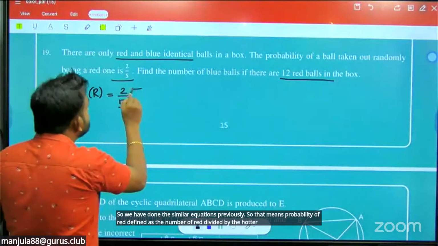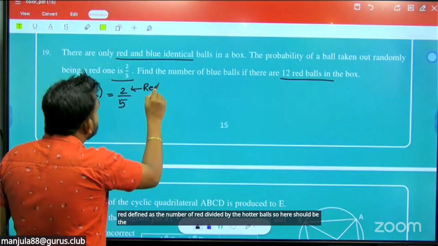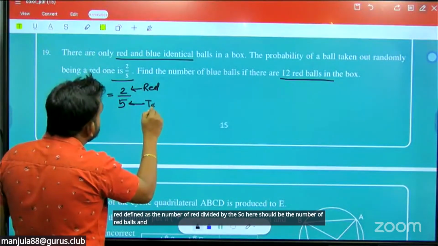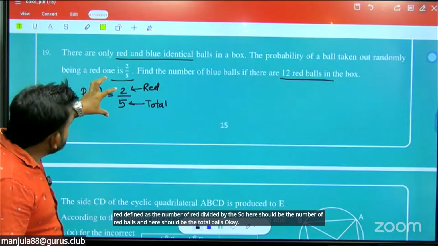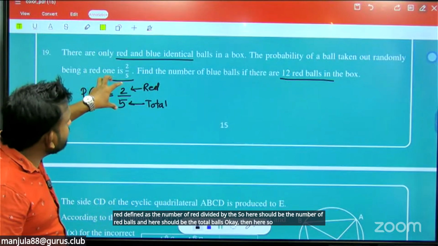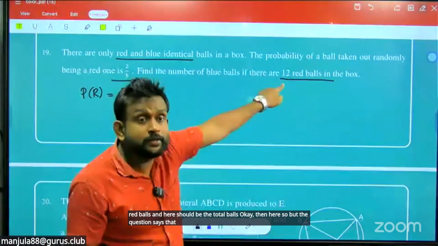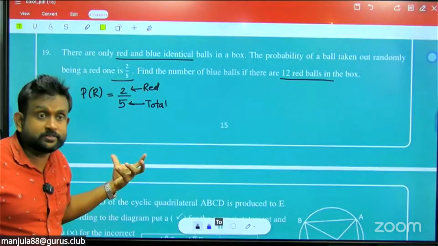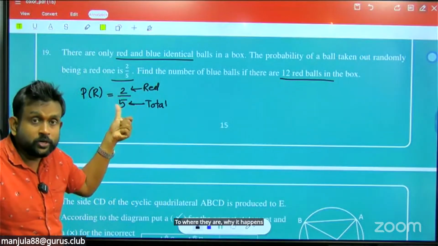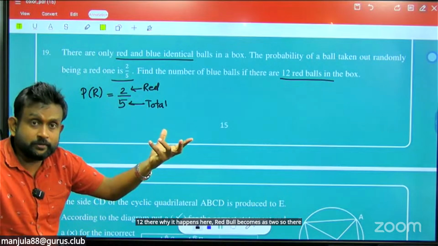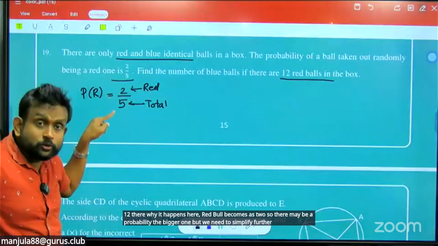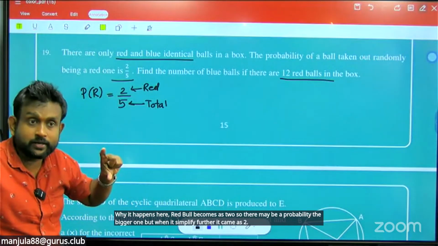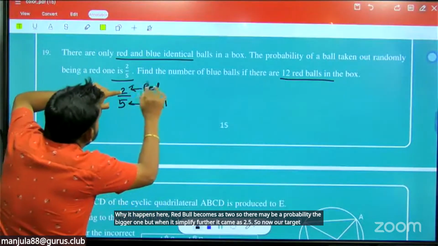Here should be the number of red balls and here should be the total balls. But the question says red balls are 12. Why does red become 2 here? Because there may be a bigger probability, but when it simplifies further, it comes as 2 upon 5.